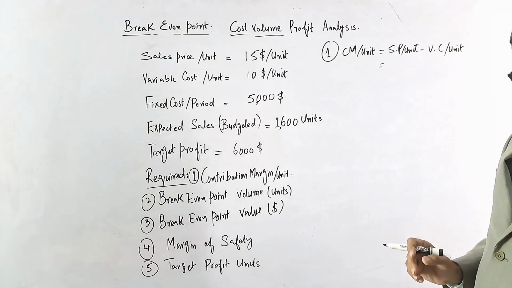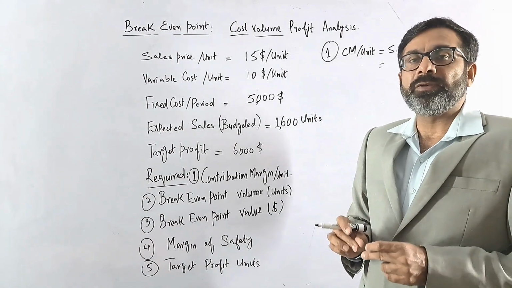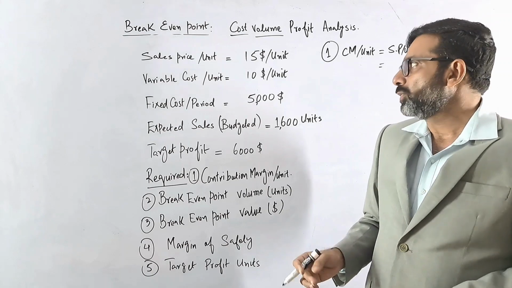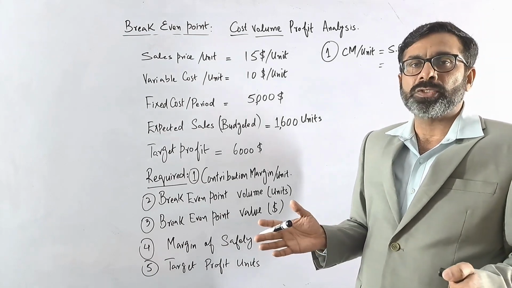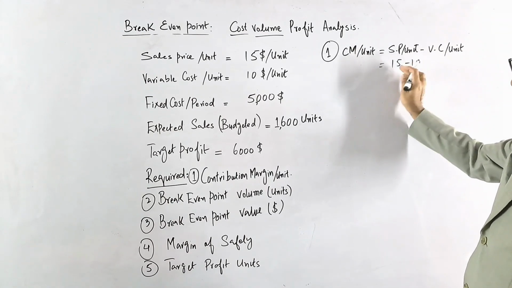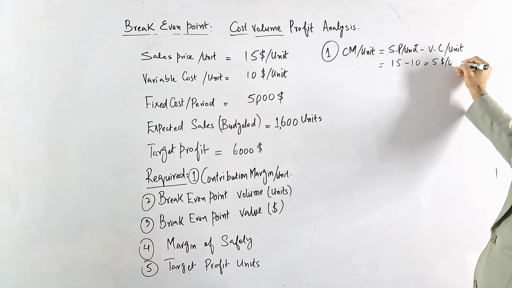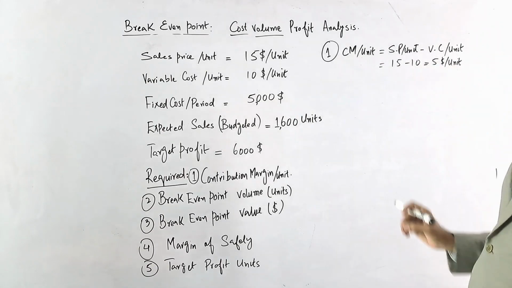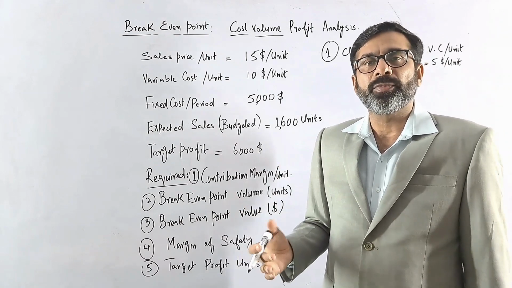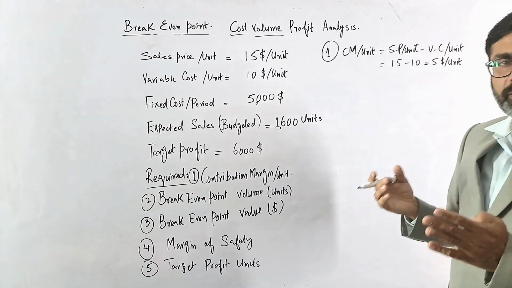They are expecting that one unit will be sold for $15, and they have a calculation that the variable cost will be almost $10. So 15 minus 10 is $5 per unit. Means if they sell one unit, it contributes $5 as a contribution margin.